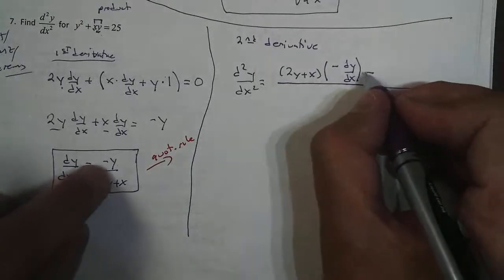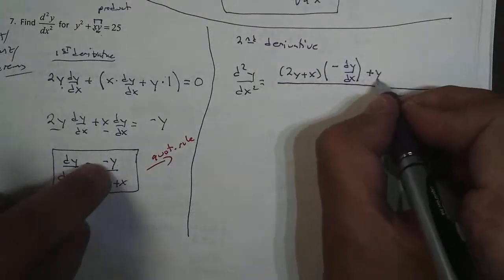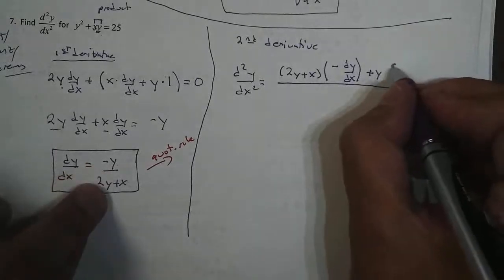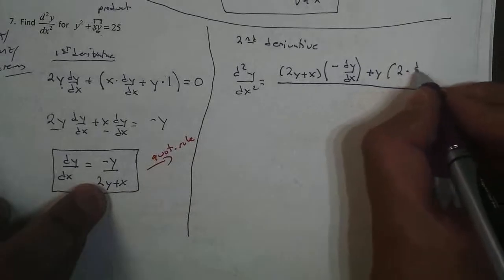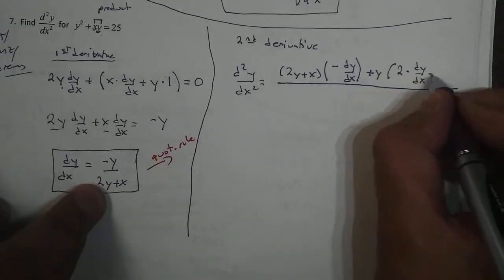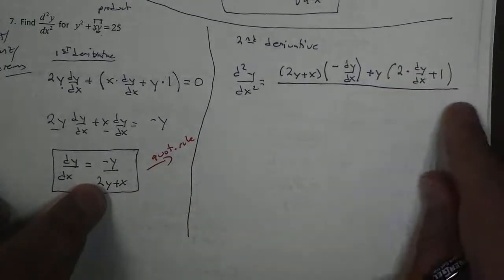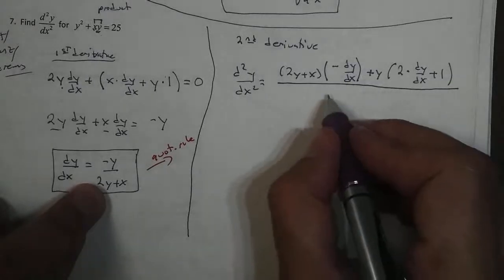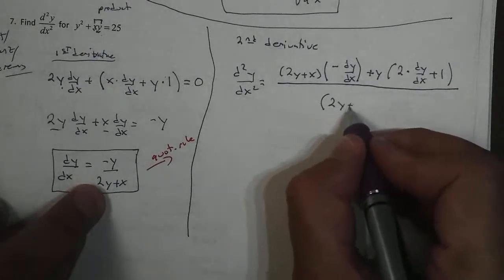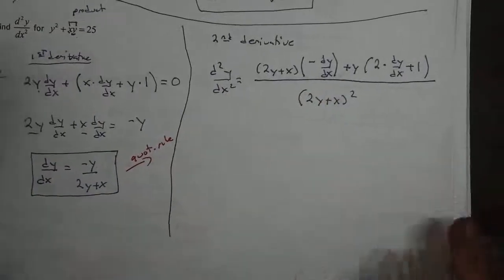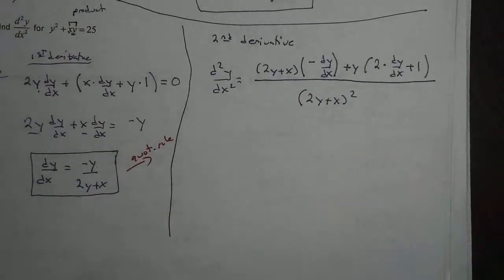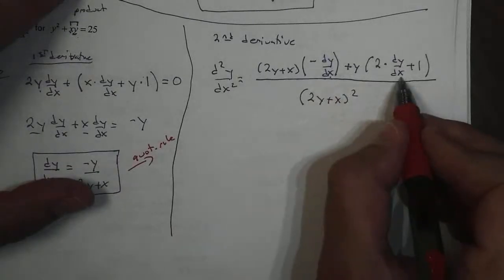Minus high, which is negative y, so I'll make that a plus y, d low, which is 2 times the derivative of y, dy/dx plus 1. Barely had enough room on my fraction bar, divided by the bottom squared. There's our derivative.